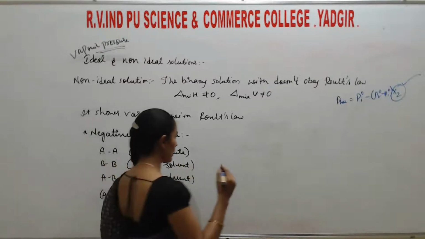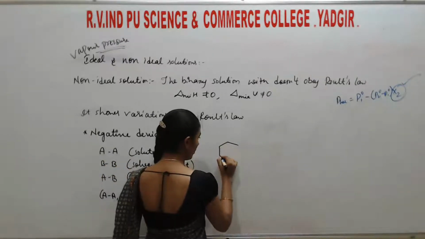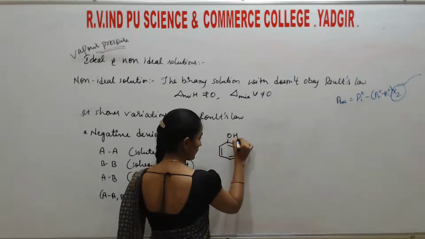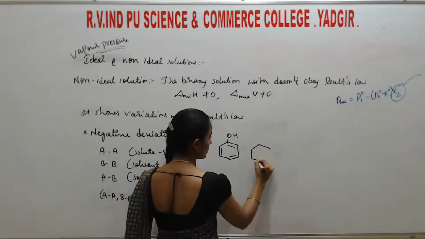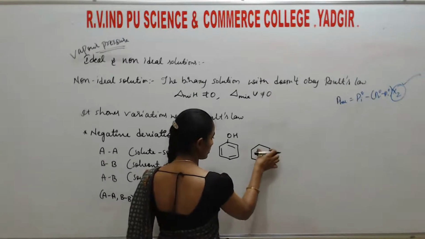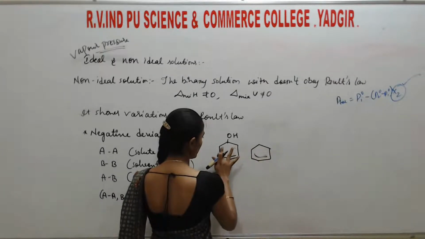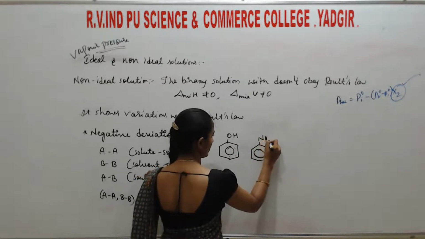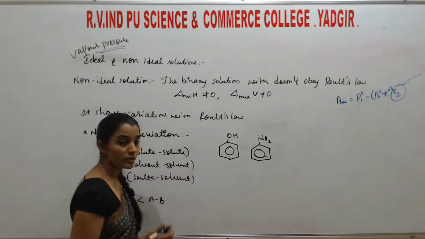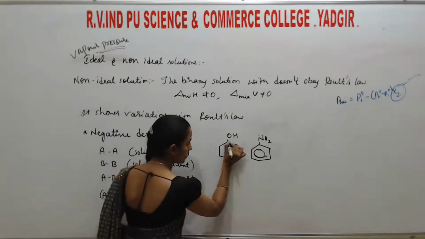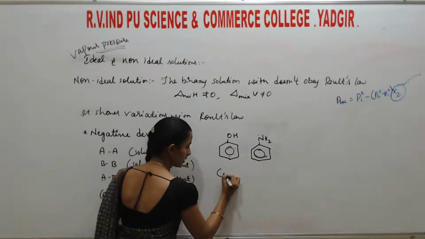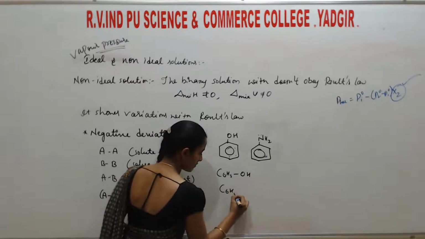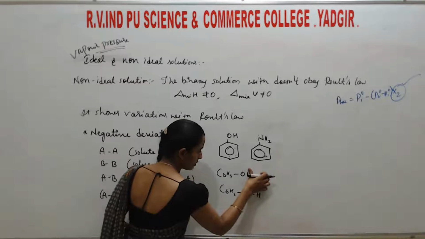Why? Listen, I will take the phenol example. Phenol is C6H5OH, and another C6H5OH is there.